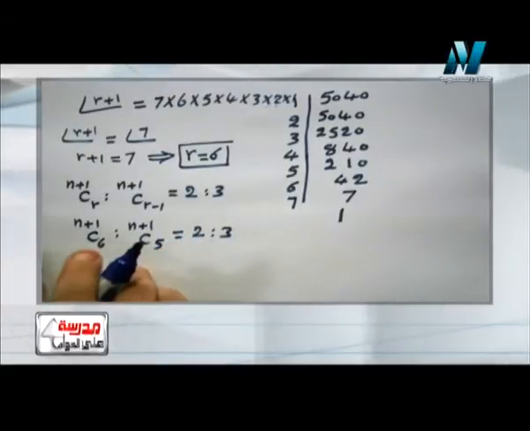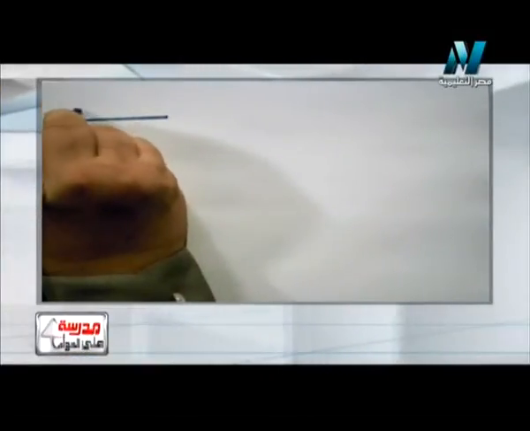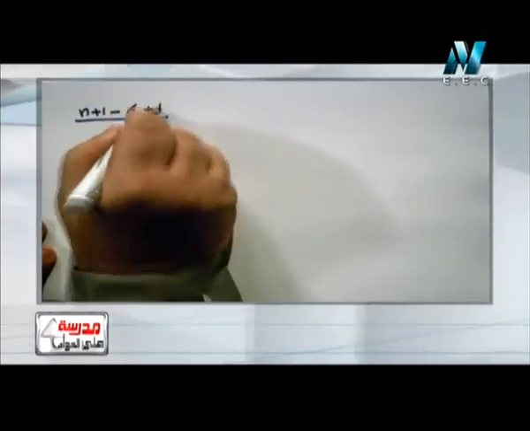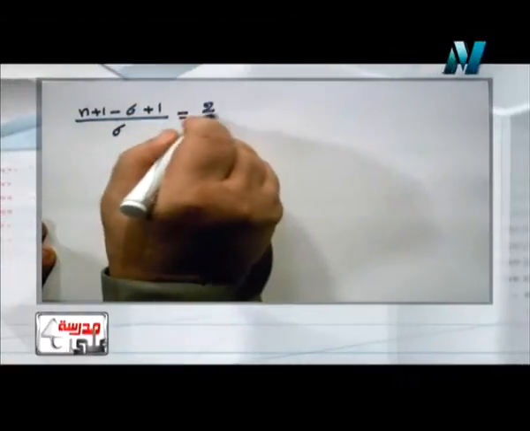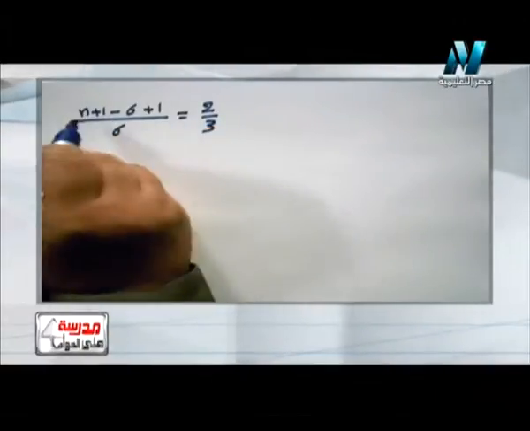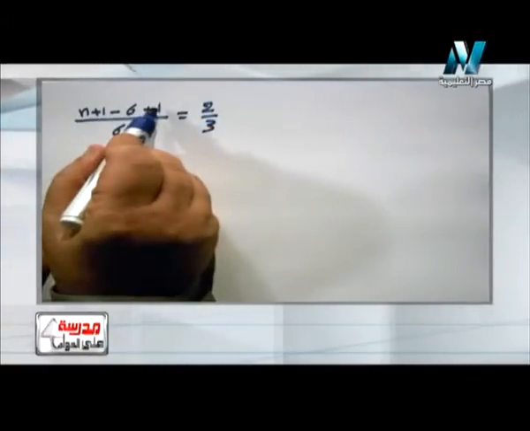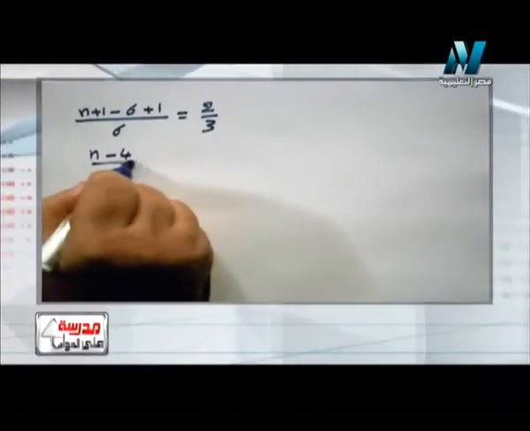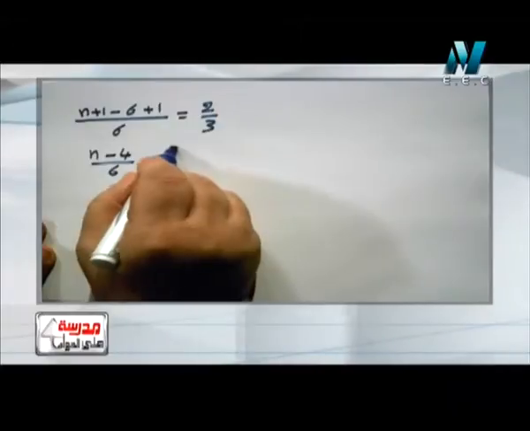This is the ratio between two consecutive combinations, so it equals (n plus 1 minus 6 plus 1) over 6 equals 2 over 3. So (n minus 4) over 6 equals 2 over 3.